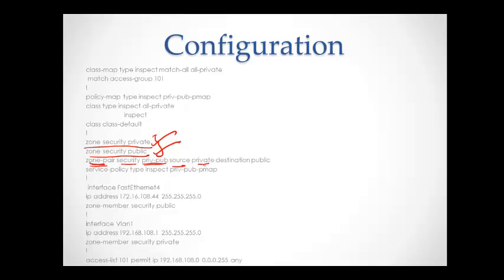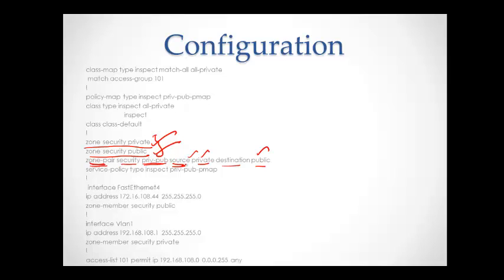From private it is going to the destination public. If it is going, then it's a pair. So that is the second step. Second step is creating a zone pair and also mentioning the direction from where the traffic is going. From source, private zone to public zone, not from public zone to private zone.